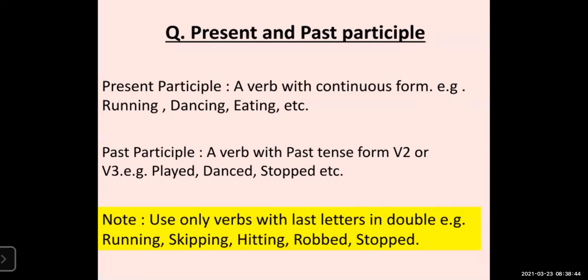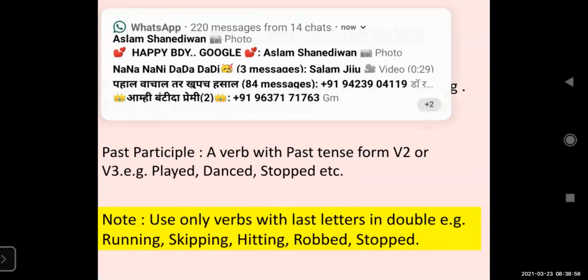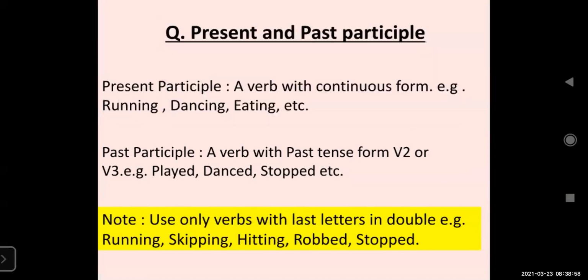Now, the important thing asked in exam: you cannot write just any verb randomly. Any present participle or past participle is not asked, but especially the verbs in which the last letter is doubled.